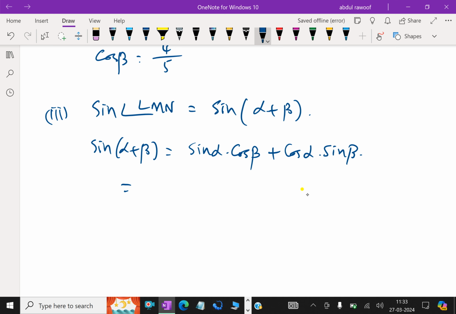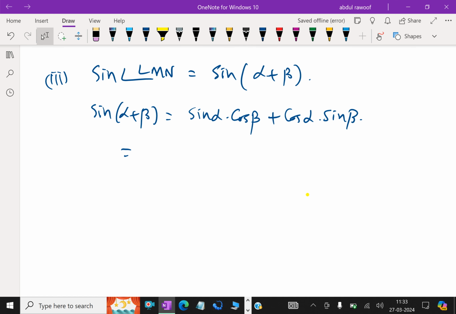Let us substitute the values. Sine alpha is 2 over root 5 into cos beta is 4 over 5, plus cos alpha equal to 1 over root 5 and sine beta is 3 over 5.